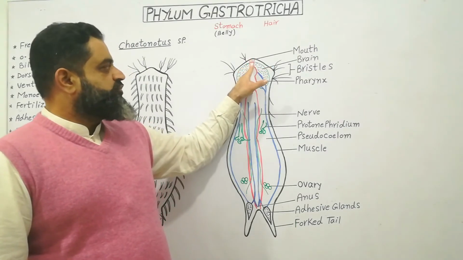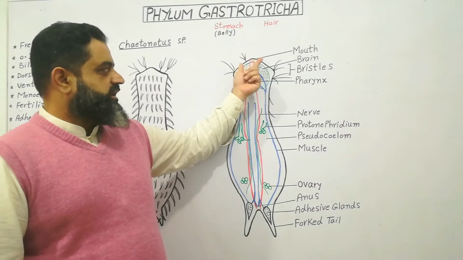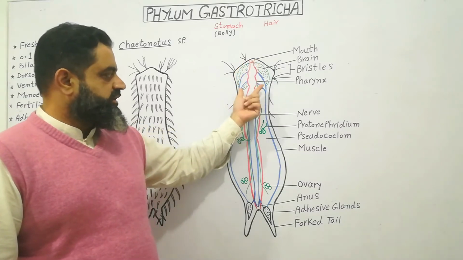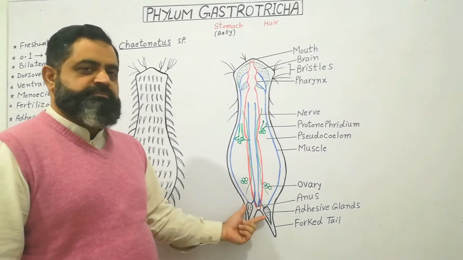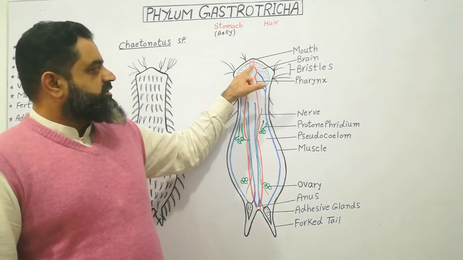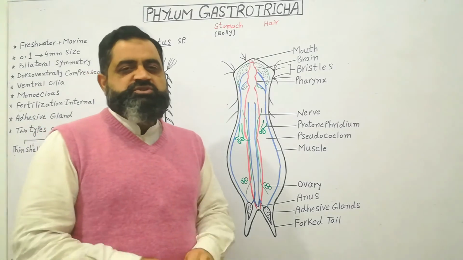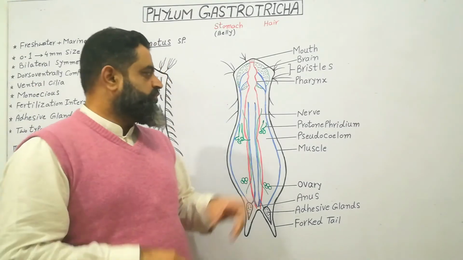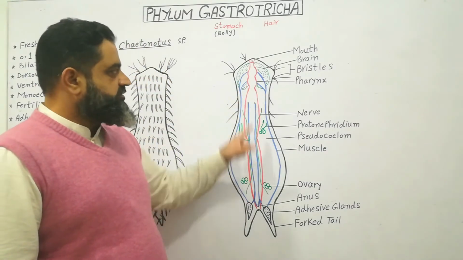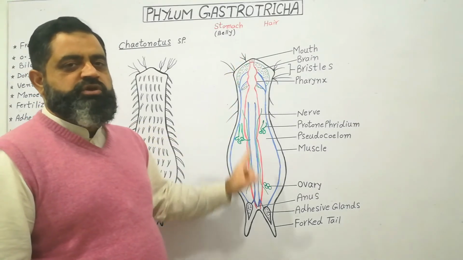From the mouth cavity, food goes along the digestive system, the red colored duct in this diagram. After food enters the mouth, it is pushed towards a muscular pharynx. The muscular pharynx pumps the food into a long intestine which runs from the anterior end of the body to the posterior end.